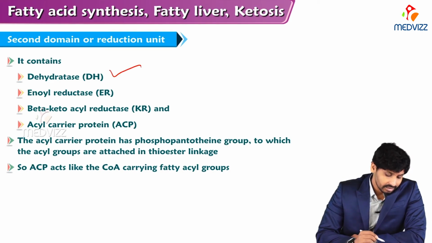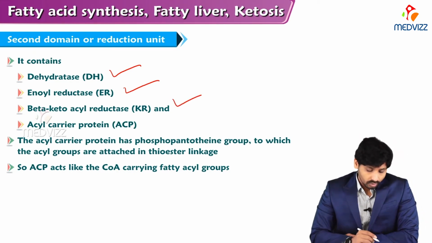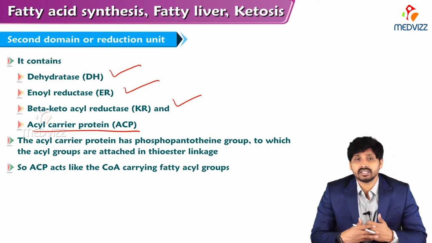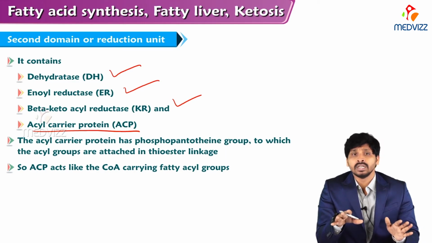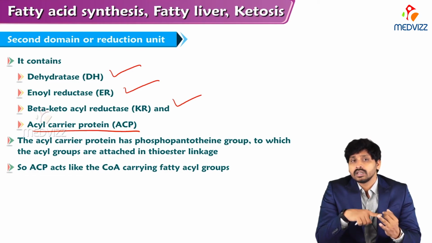They are dehydratase, enol reductase, beta-ketoacyl reductase, and acyl carrier protein. Remember this acyl carrier protein, as it is the one playing a major role in the fatty acid synthase multi-enzyme complex. So the 4 enzymes in the second unit, the reduction unit, are dehydratase, enol reductase, beta-ketoacyl reductase, and acyl carrier protein.